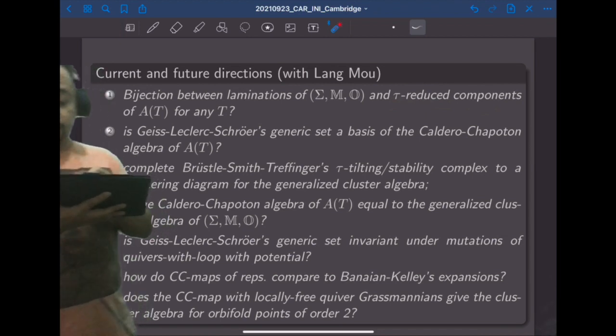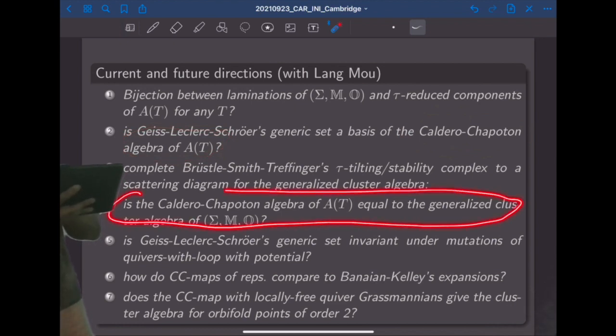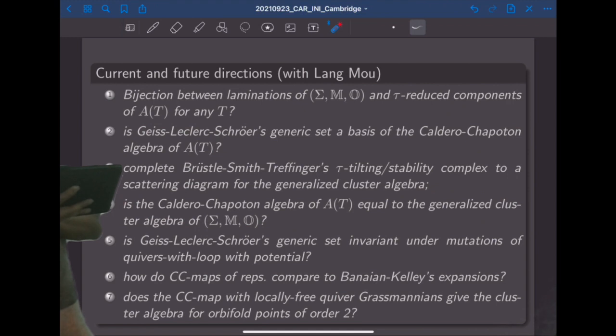Another question is whether the set proposed by Geiss, Leclerc, Schröer, the so-called generic basis, is indeed a basis of the Caldero-Chapoton algebra. Of course, besides this, there's a question of whether the Caldero-Chapoton algebra is equal to the generalized cluster algebra.